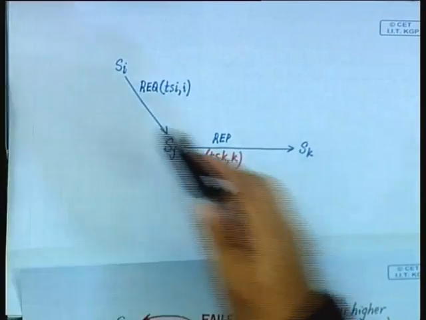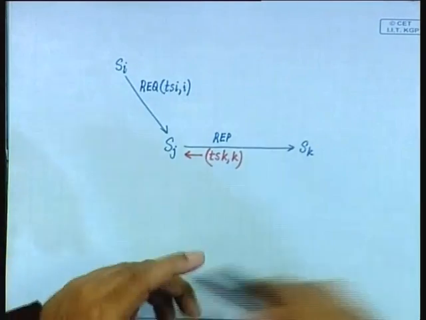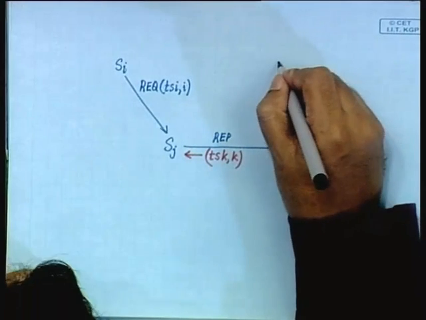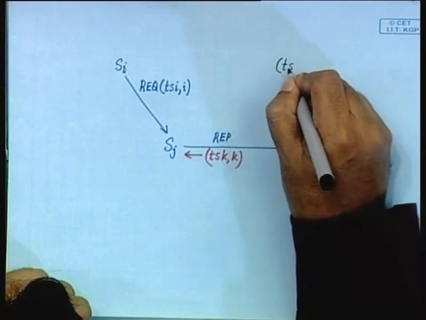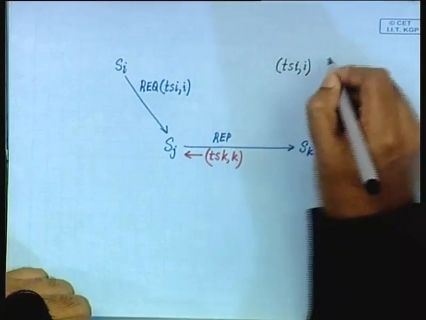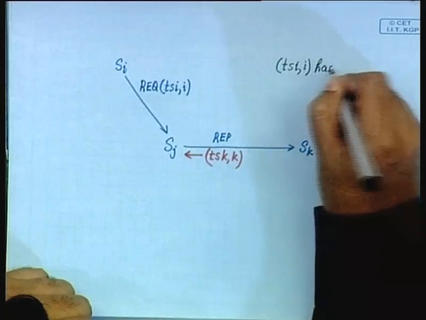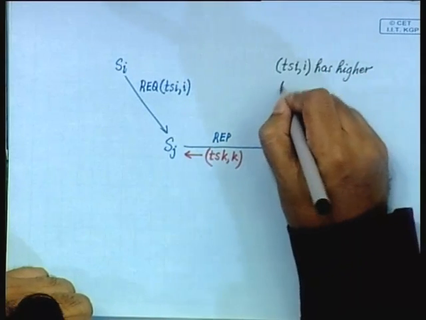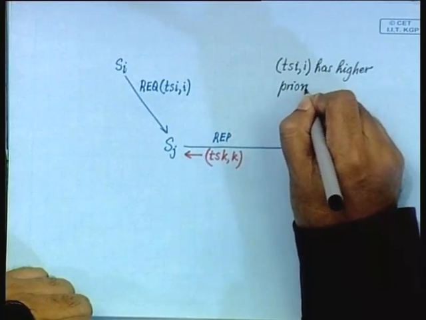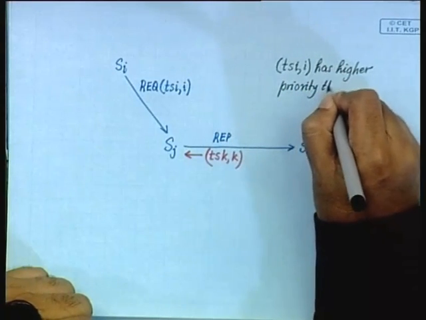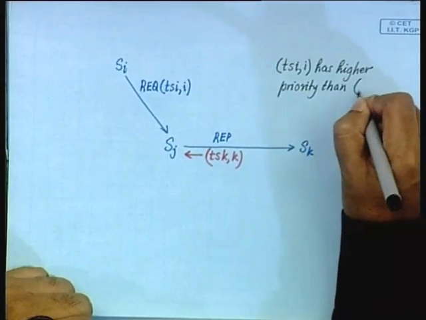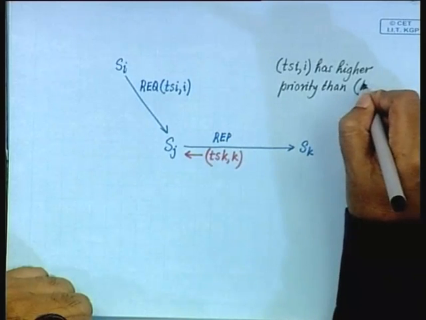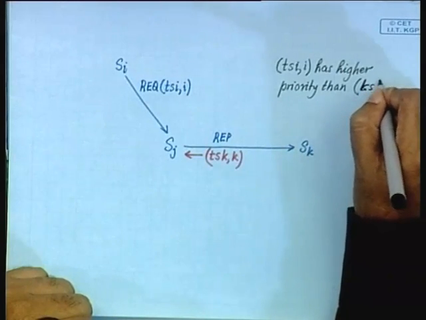And now, the case that we are looking at is that TSi has higher priority than TSk.